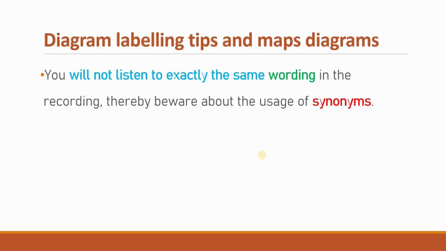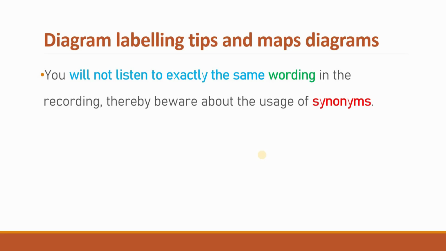One another important point is you will not listen to exactly the same wording in the recording. You have to think about synonyms, because the text in the map or diagram would not be similar to what the speaker is saying in the recording. He may use a synonym instead of the words in the question in the map or diagram.